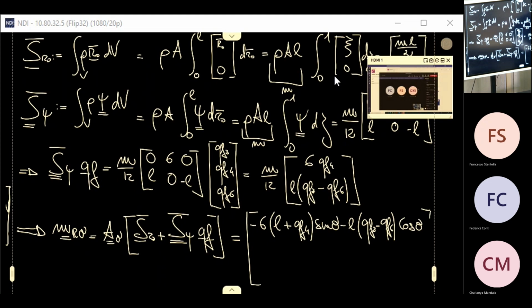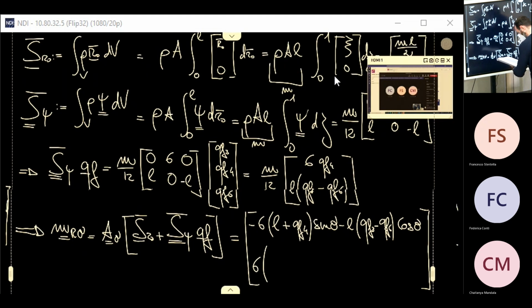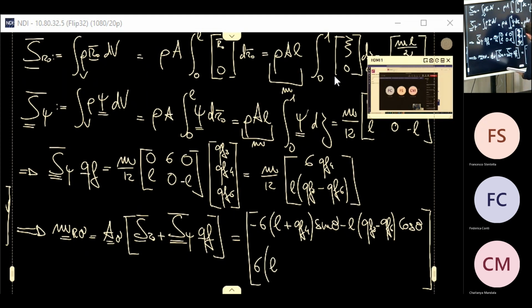Let's write it. So this is the first row, and the second row is quite similar. It's L plus QF4 cosinus of theta minus L times QF3 minus QF6 sinus of theta.